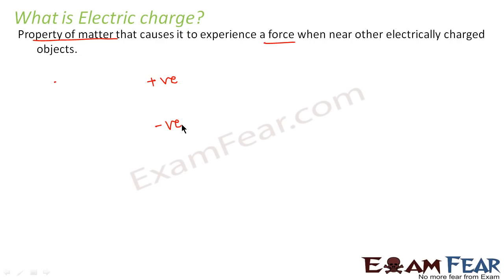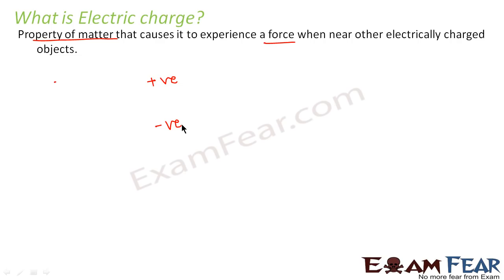We also know that like charges, that is similar charges, repel, whereas unlike charges attract, right? That means positive will repel positive, whereas positive and negative will come closer to each other and attract. Anyways, we will study about this as we go to the next slide.